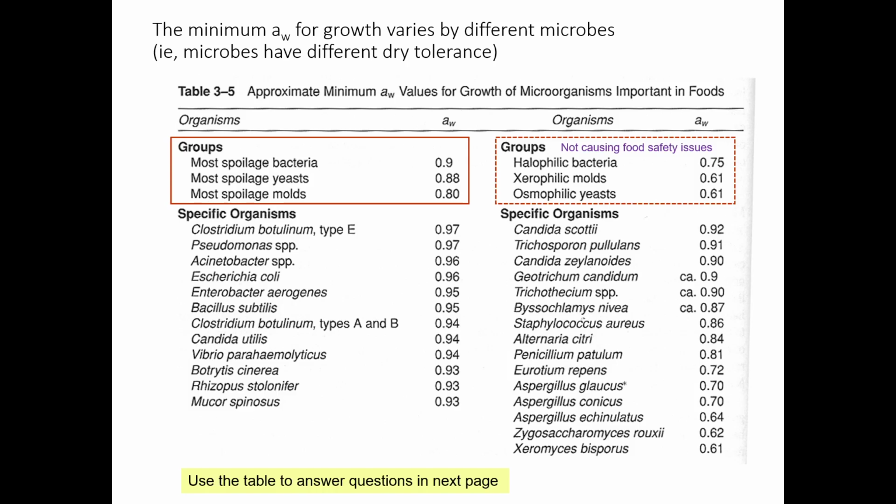The ones most susceptible to a decrease in water activity are bacteria. If you decrease the water activity, you won't be able to have bacteria spoil the food, but molds will still be able to spoil it because they can survive at a lower water activity, most likely.